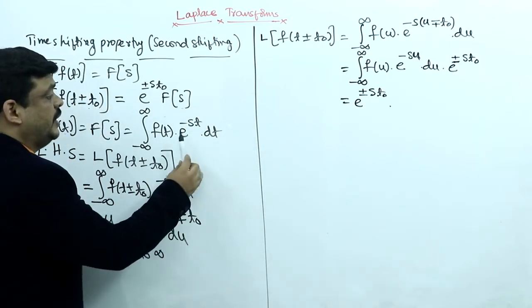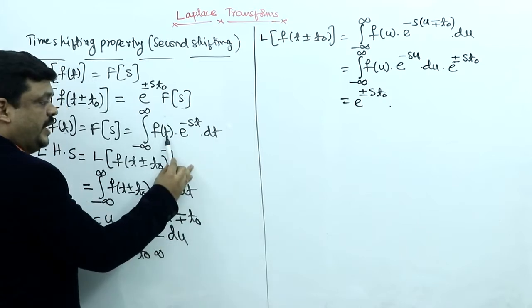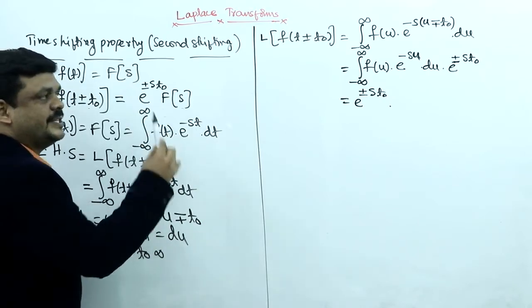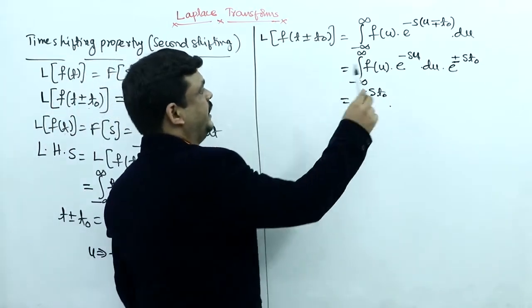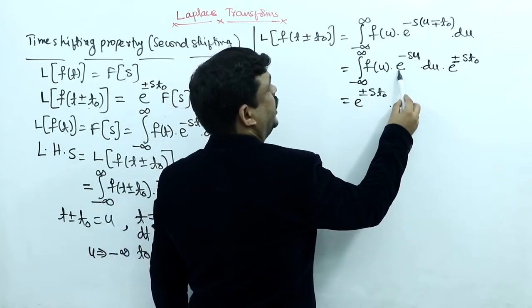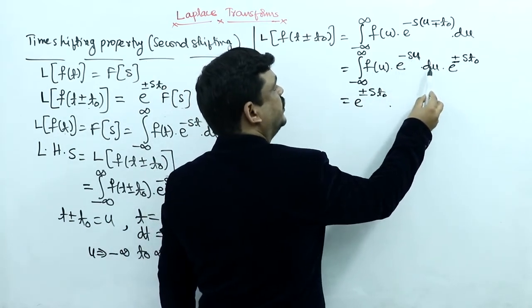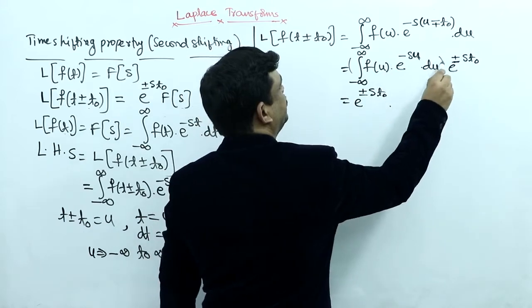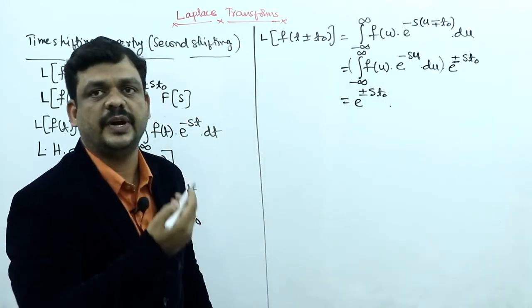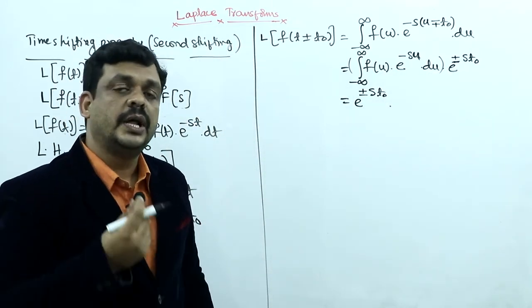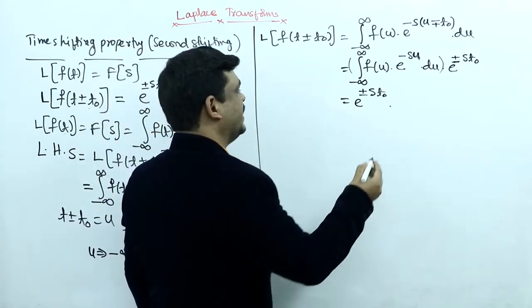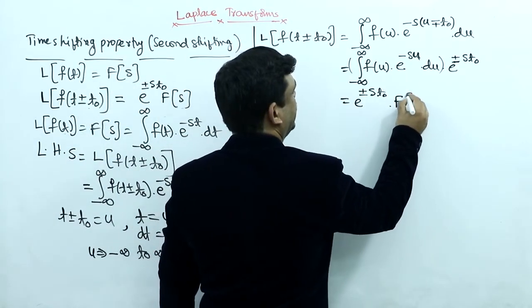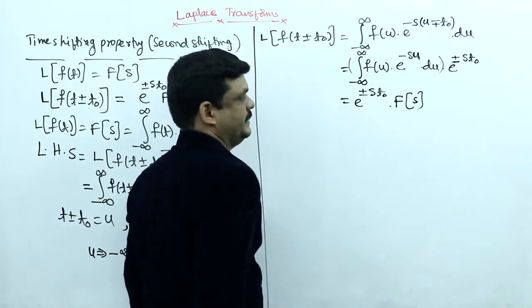The complete equation is defined with respect to t, that's why f of t is there and e to the power of minus st is there, right? And here also the same thing: f of u e to the power of minus su du. This equation is with respect to u, so it is similar to the basic Laplace transform equation, then it becomes directly F of s.